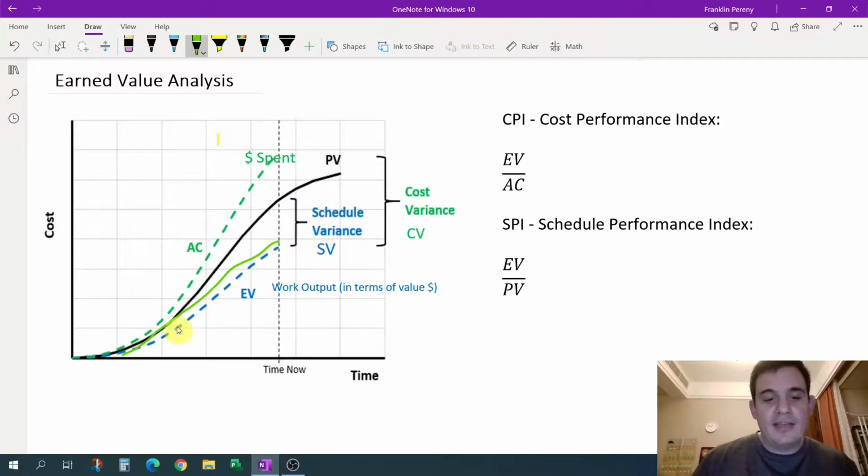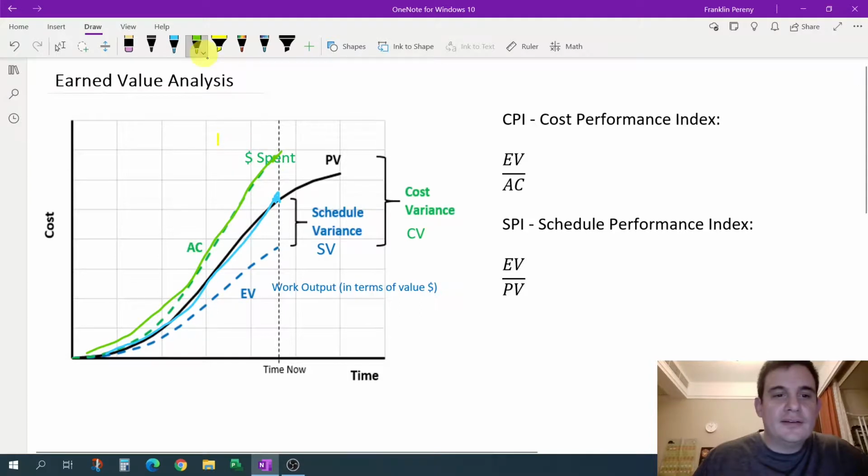So the earned value line represents how much work has been completed on a project. The green line represents how much cost has been accrued on a project. And it's possible to be late but not be over budget, right? So if this was our actual cost and this was our earned value in blue, that would mean that I'm on track schedule wise, right?